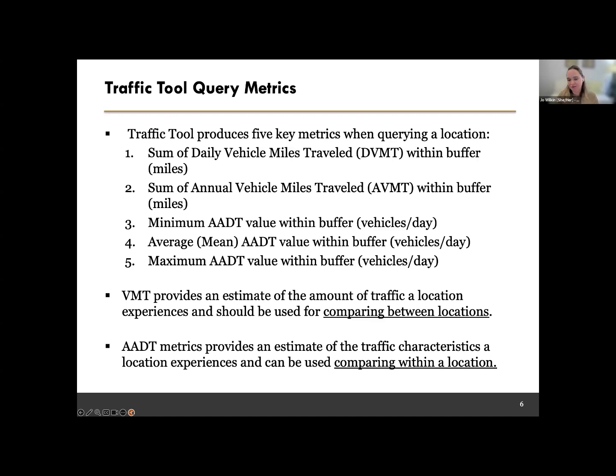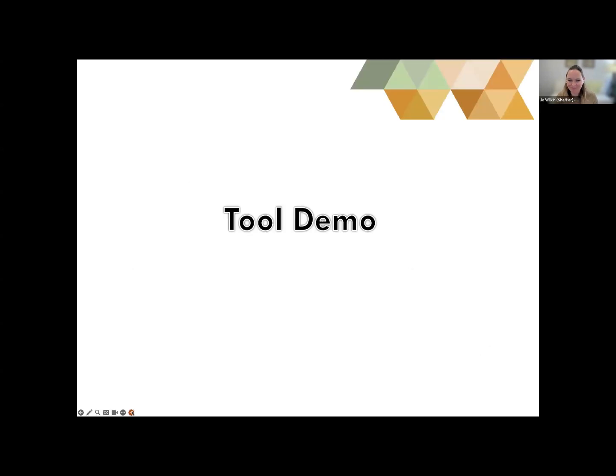And it's really useful for comparing within a location. Do you see roads that have high levels of traffic versus low levels of traffic in one very small area? Or is it very constant that this area has roads that constantly experience high levels of traffic? So our tool will provide you with a couple of different statistics, but it's just understanding how to use them and where to use them.